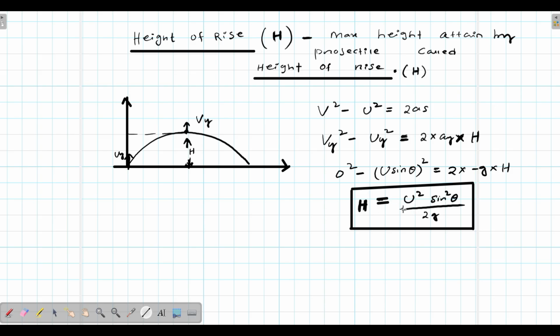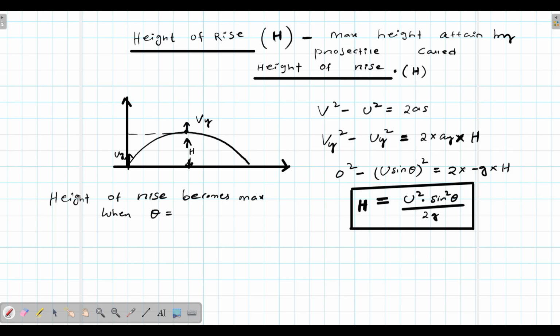So height of rise becomes maximum when theta equals 90 degree.